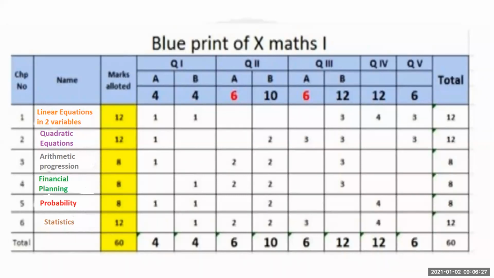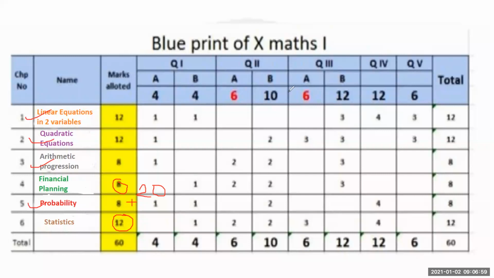Now, what happens here is, check, you don't have financial planning this year. Okay, so that means this 8 and statistics 12. So, 8 plus 12 is 20. So these 20 marks would be adjusted in these 4 chapters, that is linear equations, quadratic equations, arithmetic progression, and probability. Is this clear?